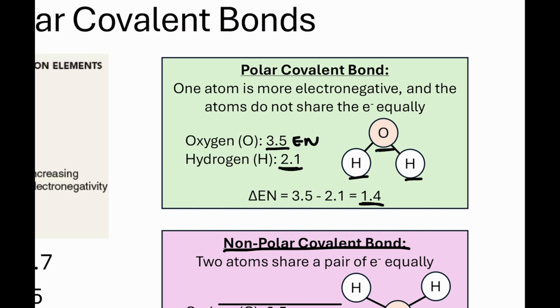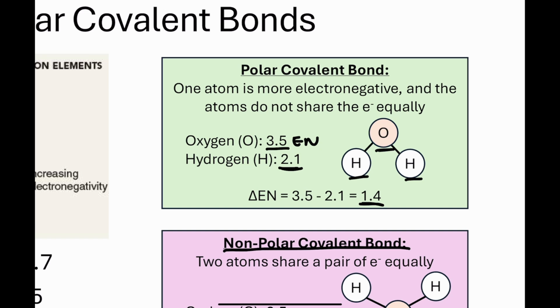Because oxygen is more electronegative, it is going to pull the hydrogen atoms closer to itself. That's also going to give it regions of partial charges.